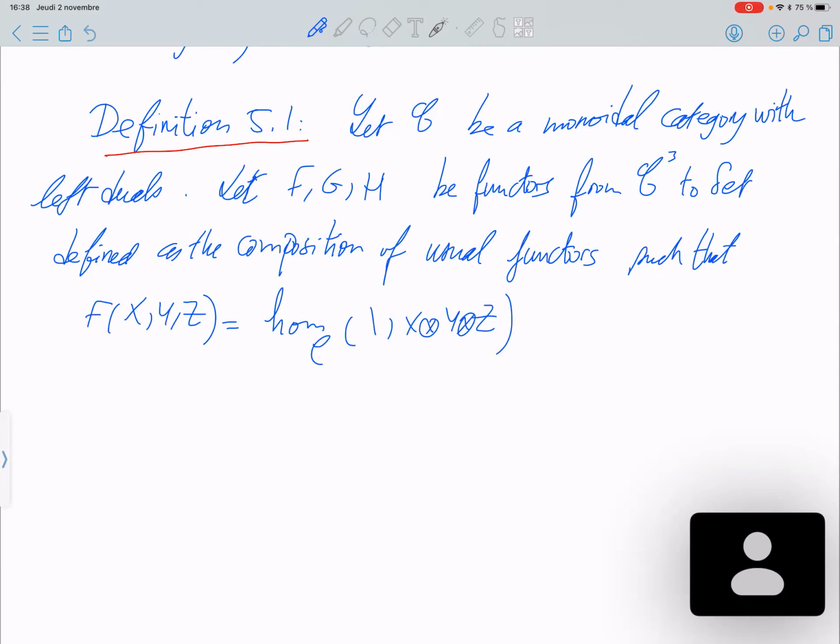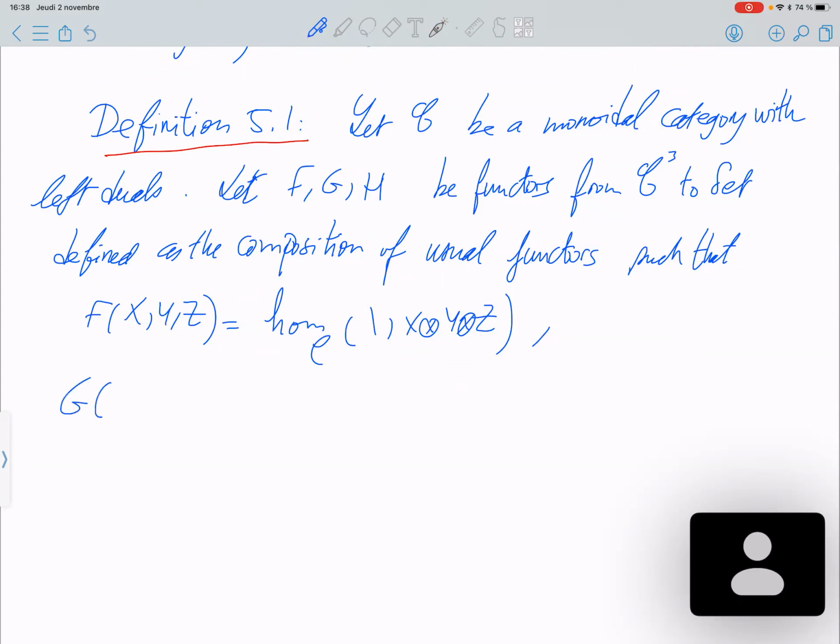So you take three objects and you get a set here. It's a monoidal category. It is not assumed to be k-linear. So it's not a space here. It's a set. So this is the first functor.